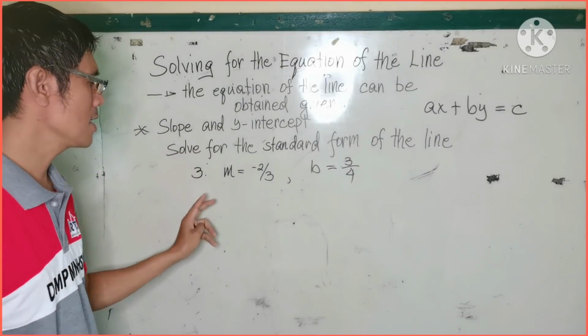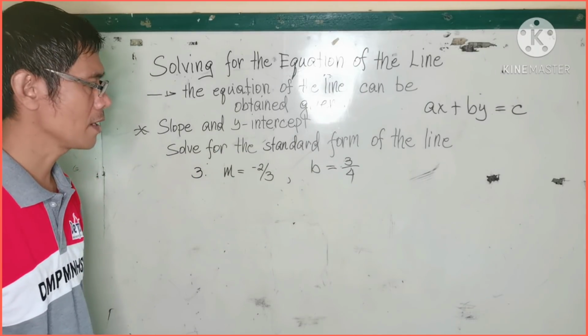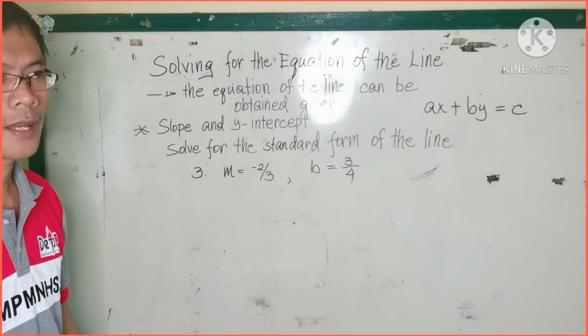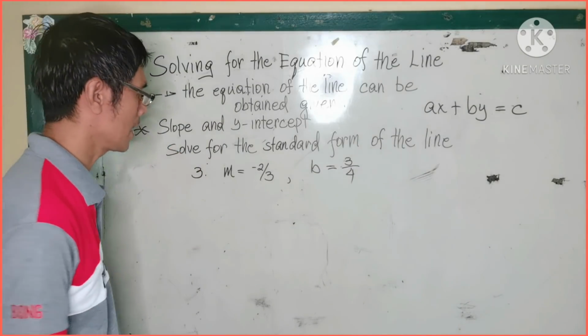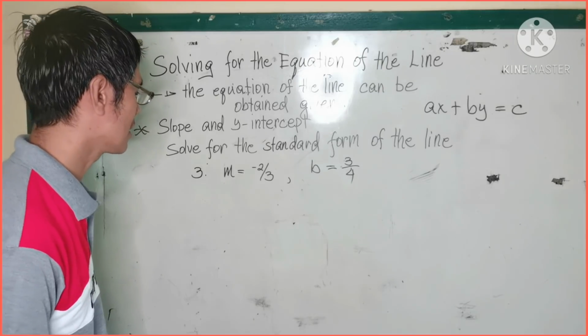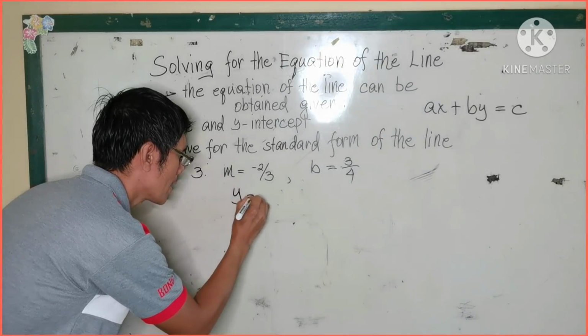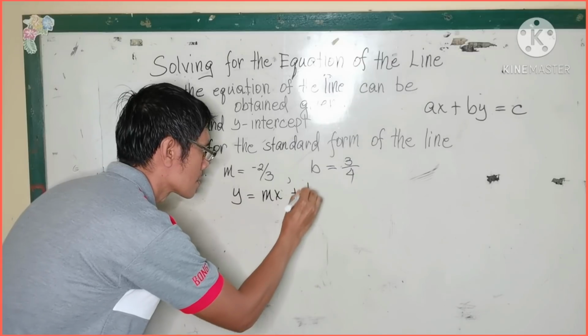So again, since the slope and the y-intercept are given, we are going to make use of the slope-intercept form, which is y is equal to mx plus b.